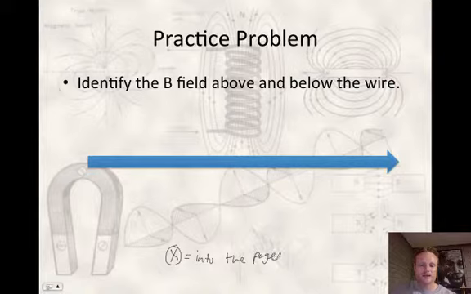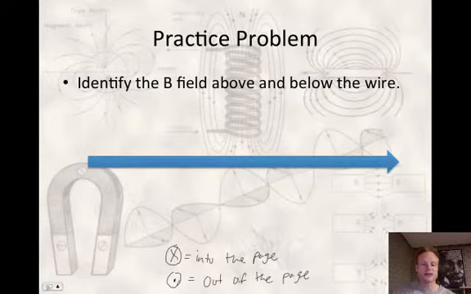The way to remember this is if someone shot an arrow and the arrow was flying away from you, you would see just the tail feathers of the arrow. Now, if it's coming out of the page, it's just a dot, and that is out of the page. Again, going with the arrow idea, if an arrow is coming at you, you would just see the tip of the arrow traveling towards you, and so that is out of the page.